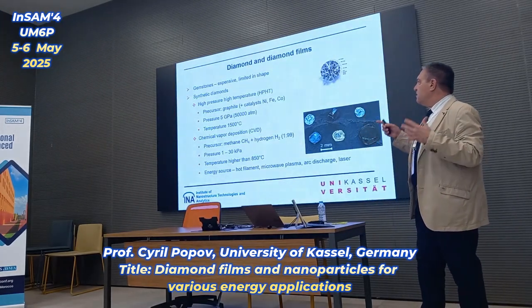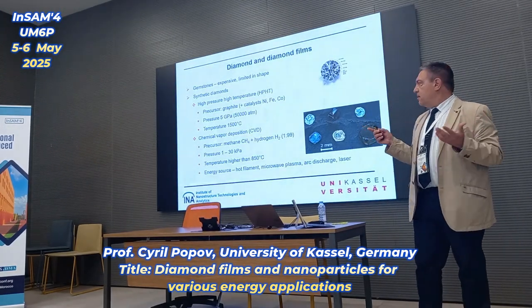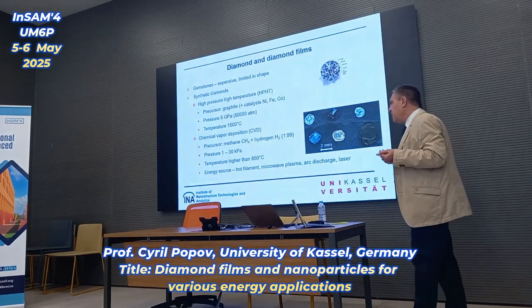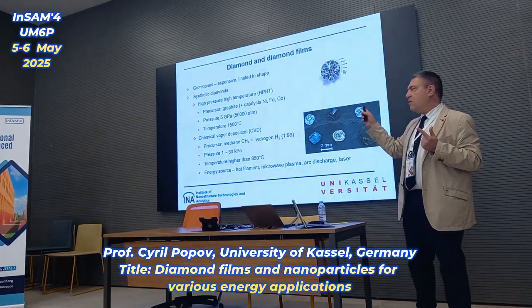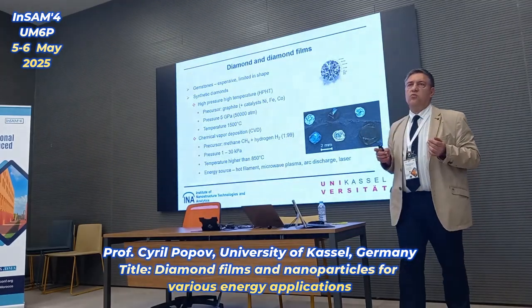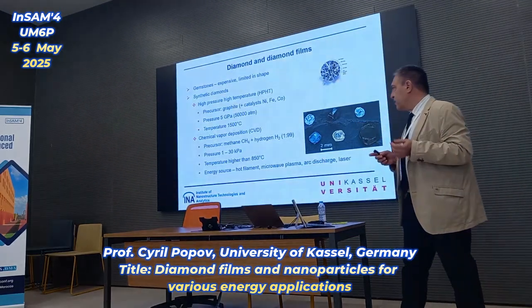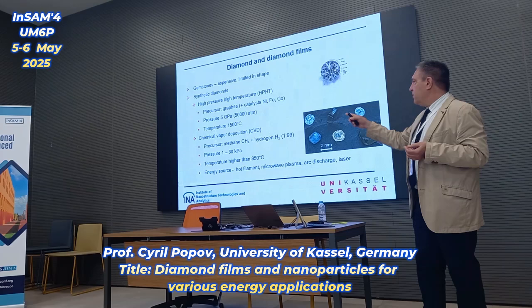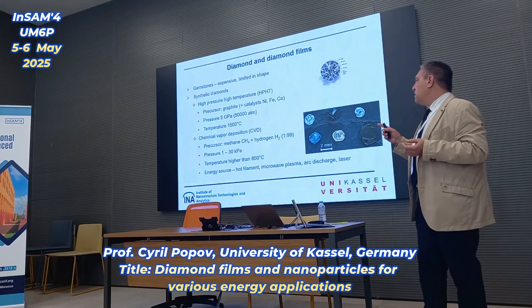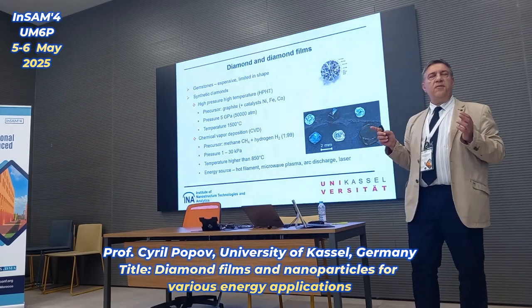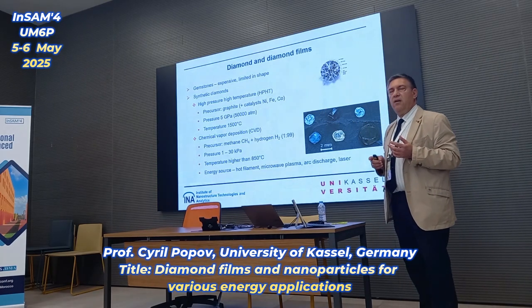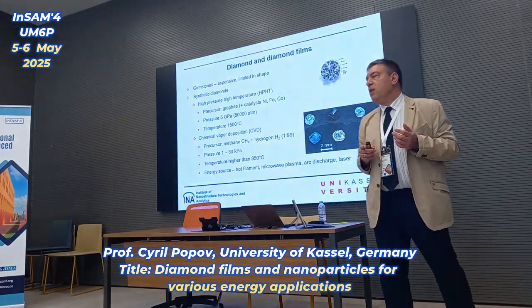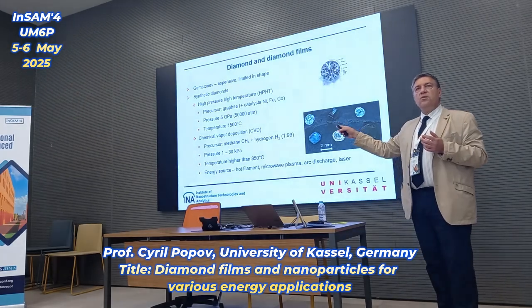In this case, usually the combination is methane, a source of carbon, and hydrogen. This is extremely important. I will show you why. But you can also use other carbon sources, carbon gases. Pressure is much lower. Temperatures are higher than 850 degrees, of course much lower compared to the high pressure, high temperature synthesis. It can be even reduced.